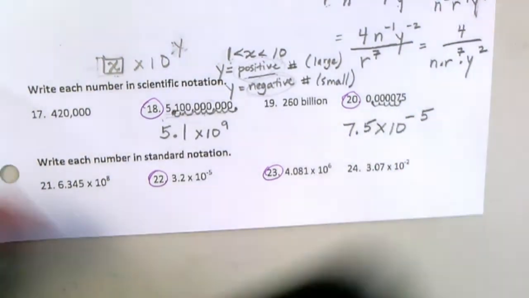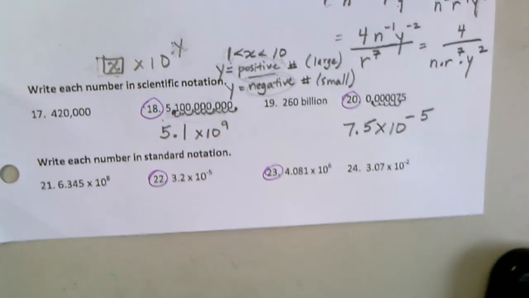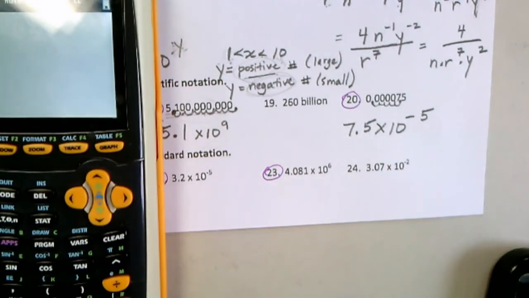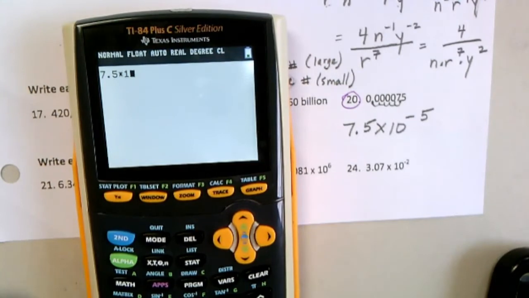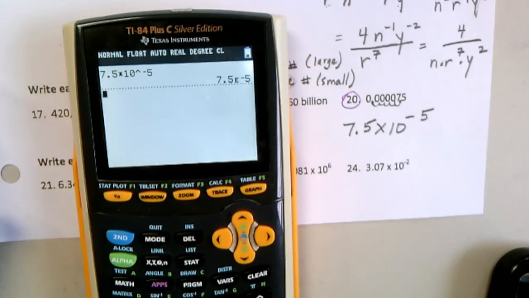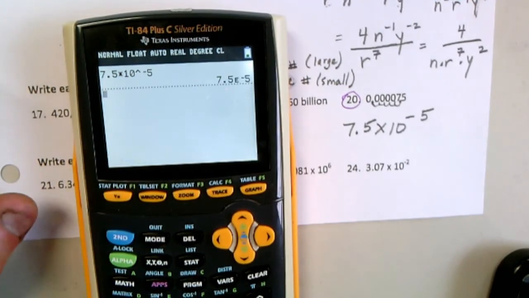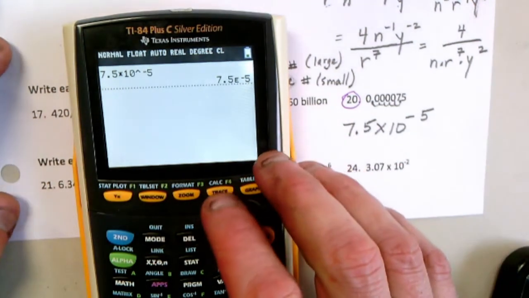Now, if I gather my calculator here, you can always double check your work with scientific notation by entering 7.5 times 10 raised to the negative 5th power. It gave me the scientific notation. Can I undo that?